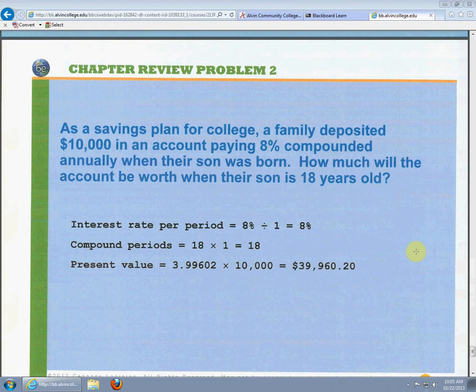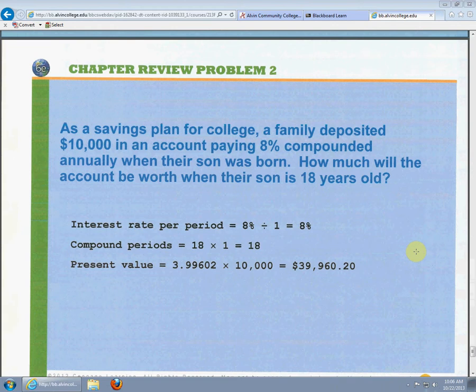Now with that information, if you didn't get those two right, look up on the future value table 8% for 18 compounding periods. You should get 3.99602.